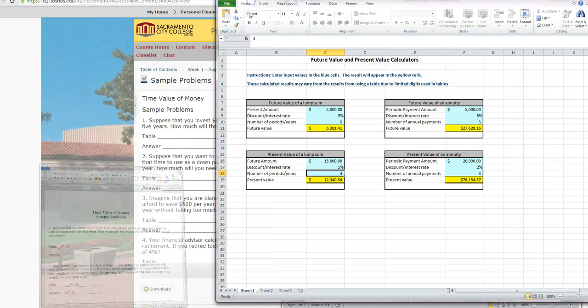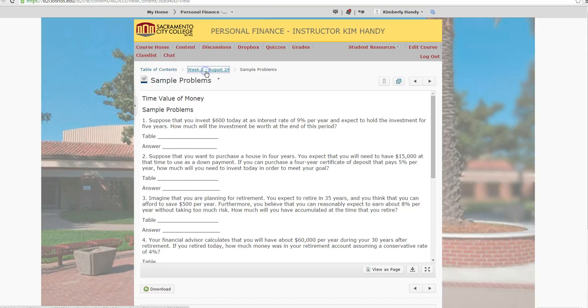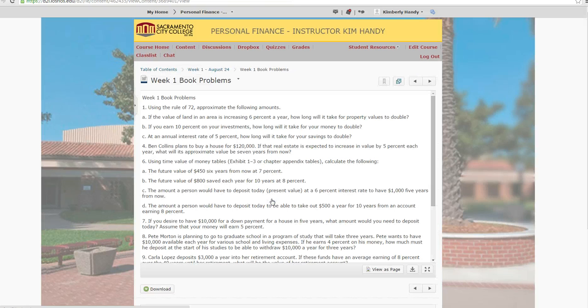Let me drop this right now. I just want to go into week 1 quickly. Back into your homework folder. And I want to again point out that your book problems are right here. Now, this first book problem says, using the rule of 72.